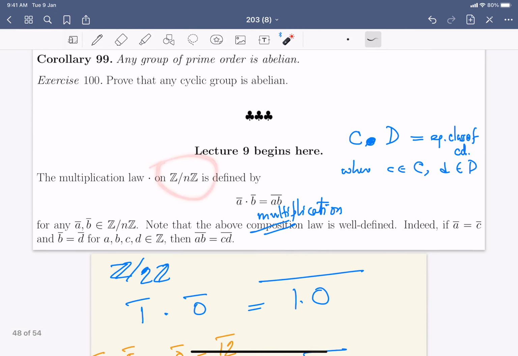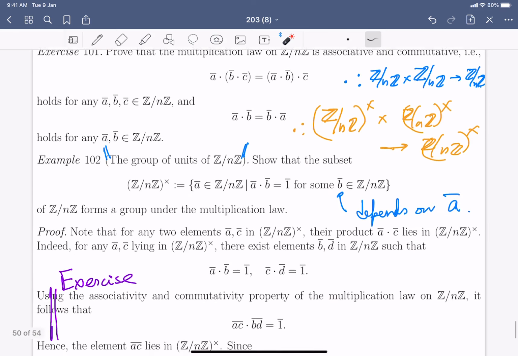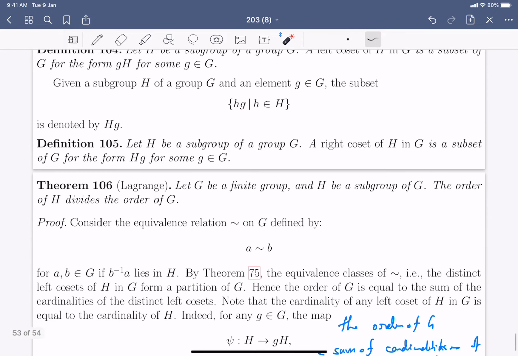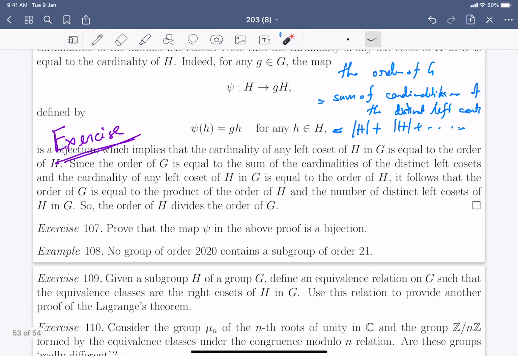These groups Z mod nZ will appear very often. Certainly the other groups will also be there, like mu(n), U2R, M2R, MNR or GLNR. So please go through all this content and make yourself familiar with these notions. Okay, let's conclude here.